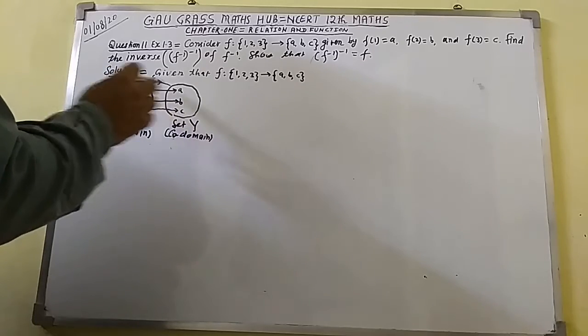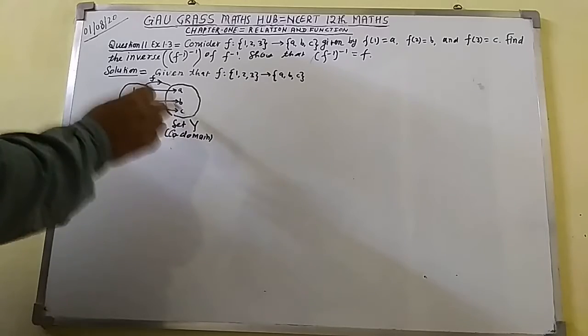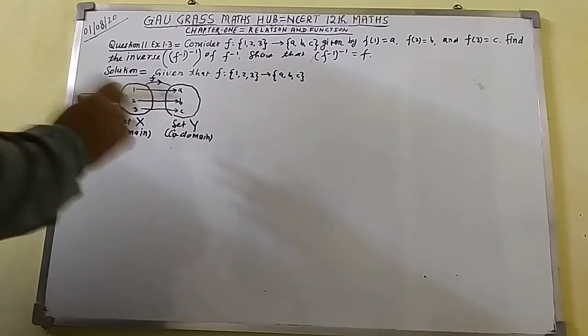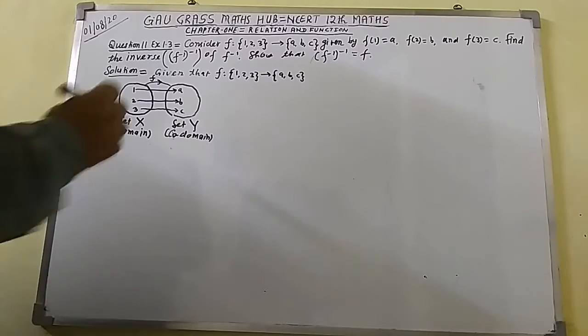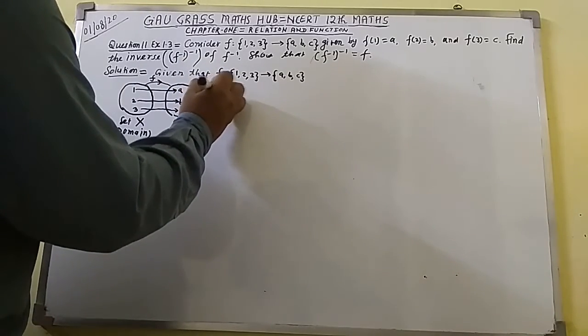Image of 1 is a, image of 2 is b, image of 3 is c. If this type of representation is there, that function is known as the given function.